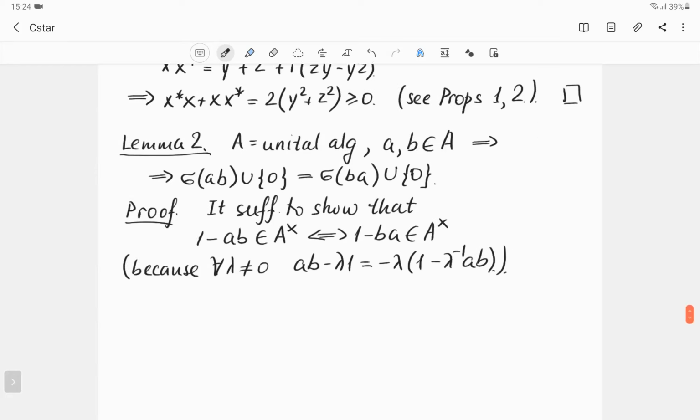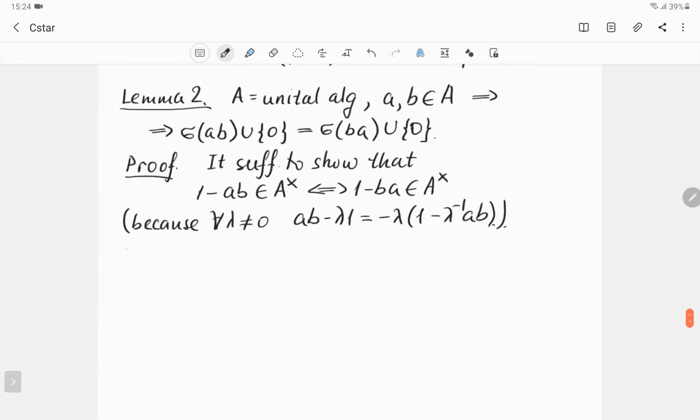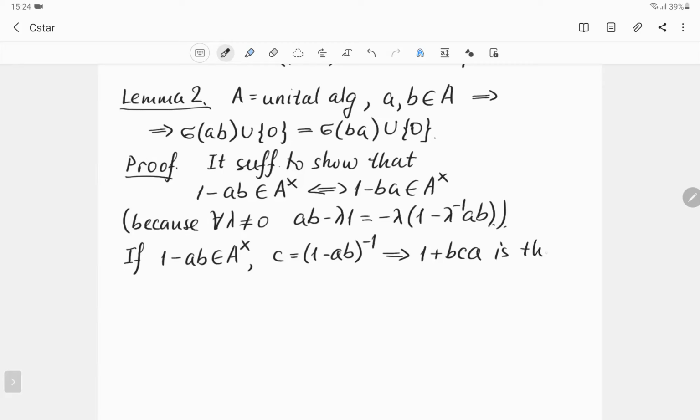Okay. So if we now assume that 1 minus ab is invertible, and let c denote the inverse of this element, then a direct calculation shows that 1 plus bca is the inverse of 1 minus ba.